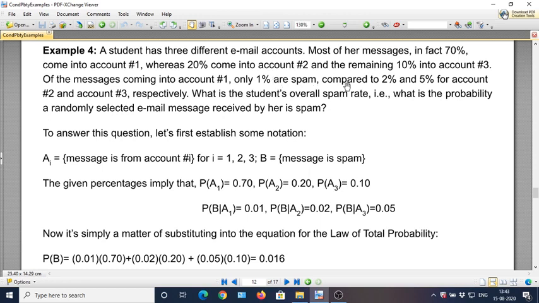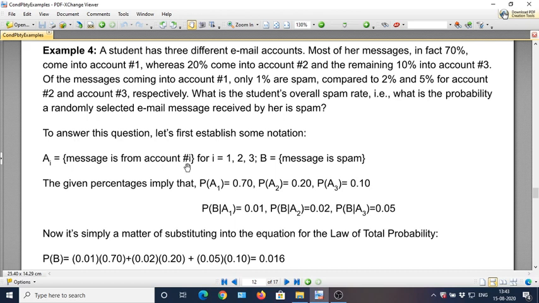For accounts 2 and 3, 2% and 5% are spam. So what is the average number of spams the person will be looking at when the person uses all 3 accounts? Let Ai be the event that the message is from the account numbered i, for i varying from 1 to 3.